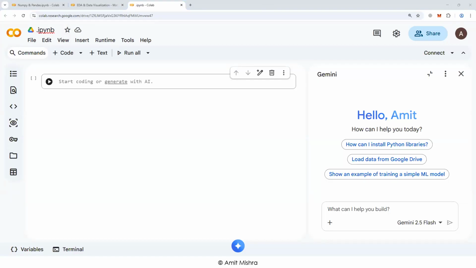Let's start with a new notebook. So everybody started. Now we need to implement the linear regression model in this. Let's get started with our very simple example of linear regression.